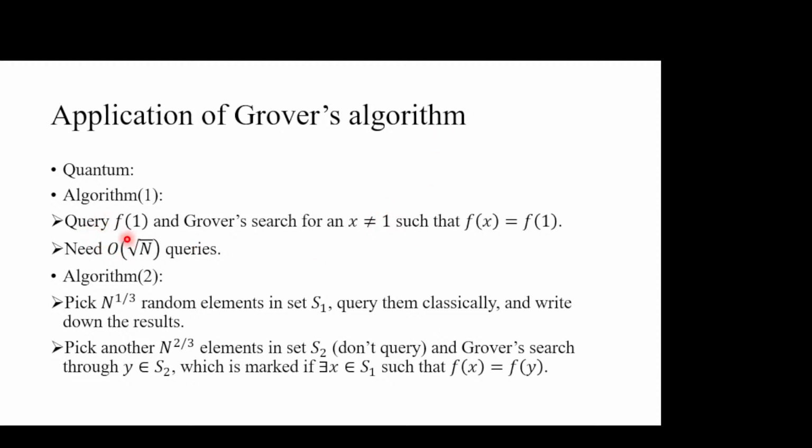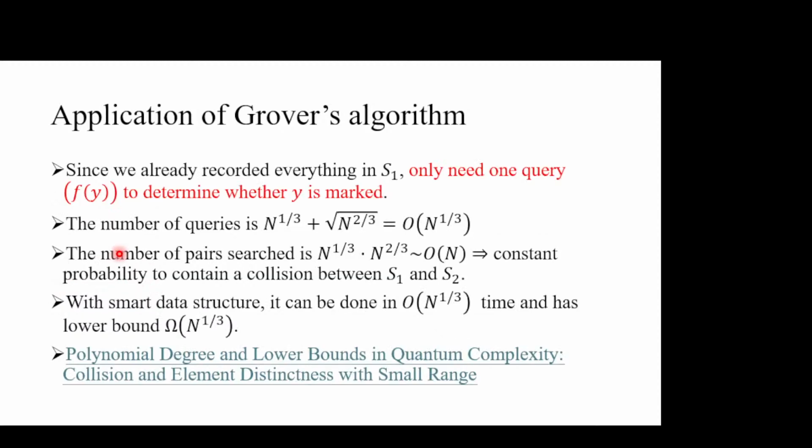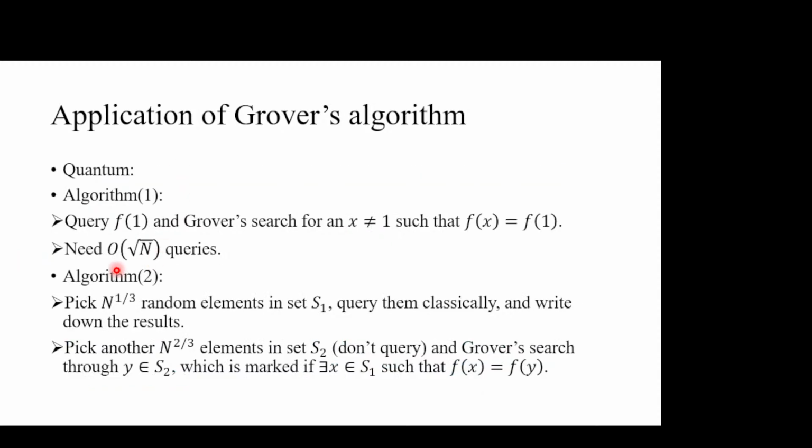Sorry, there are two algorithms, and sorry for the confusion. The first algorithm uses order square root n queries, and the second algorithm is better, using order n to the 1/3 queries.